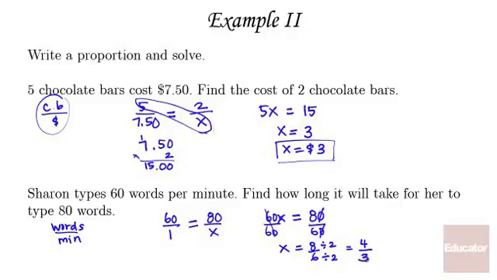If I want to change this to a mixed number, 3 goes into 4, 1 whole time. How many do I have left over? 1. My denominator is 3. So it'll be 1 1/3 of a minute.